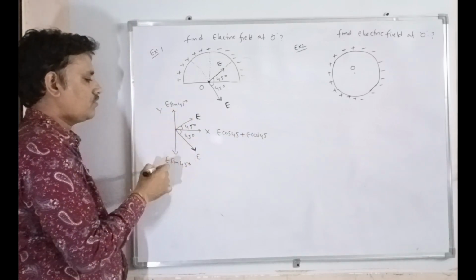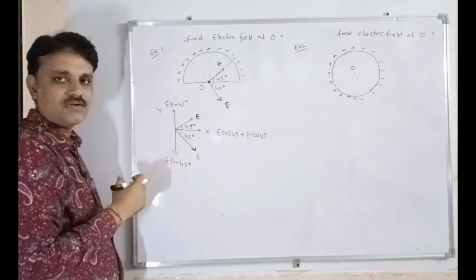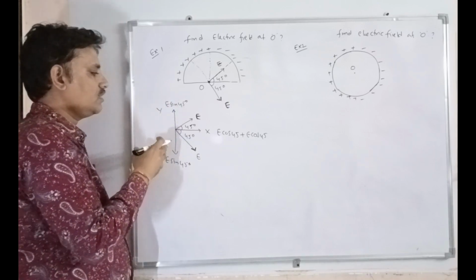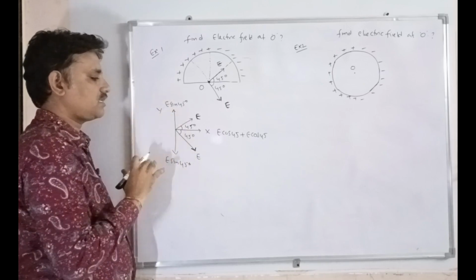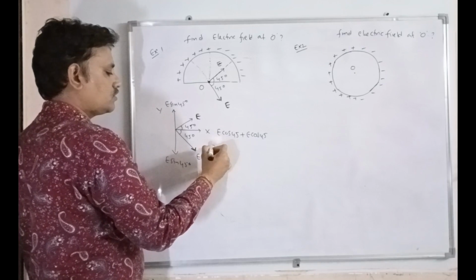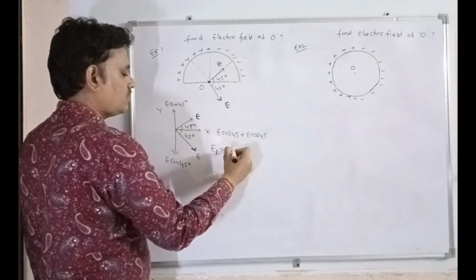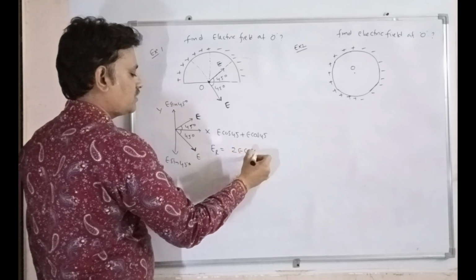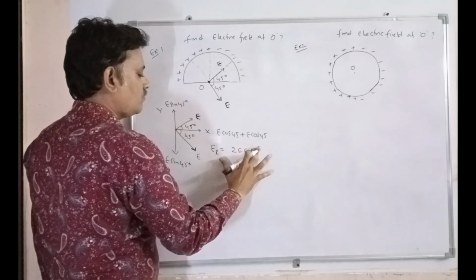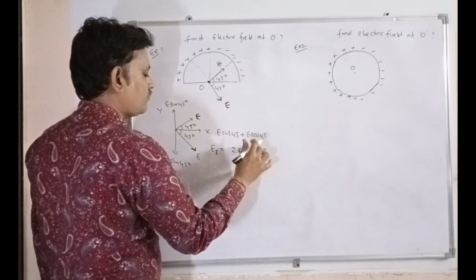If you notice, these two E sin 45 components are cancelled due to the symmetry. So E sin 45 is cancelled and E cos 45 components are added. The total resultant electric field is E cos 45 plus E cos 45, which is equal to 2E cos 45.